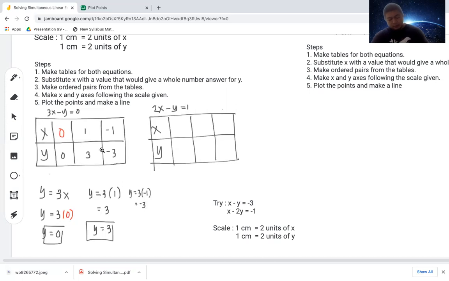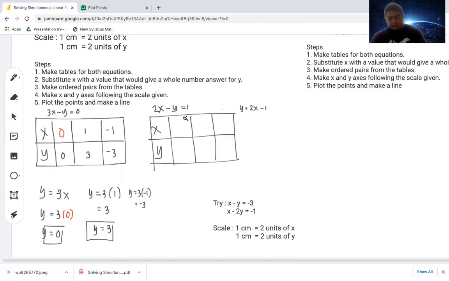Okay. So the same procedure is what you are going to apply for this particular equation. Let's say, for example, we're going to have this rewritten as y is equivalent to 2x minus 1.